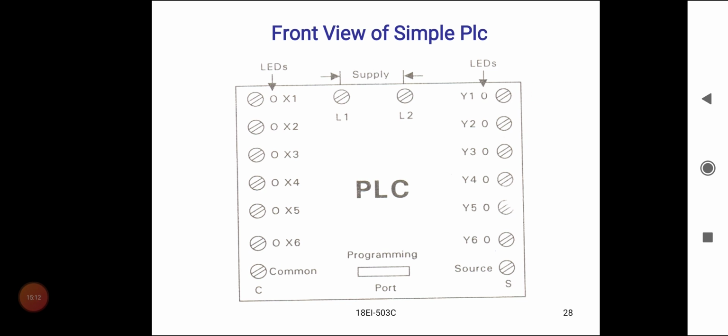So this is the front view of the simple PLC. Y1, Y2 to Y6 are outputs. Inputs X1, X2, X3 are input devices. These are connected to the PLC input ports and output ports.